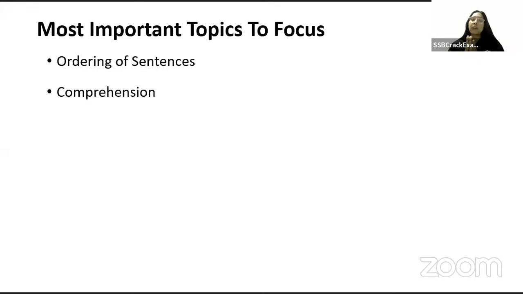One more thing, guys: ordering of sentences has been introduced in AFCAT lately, but ordering of words is not of that importance, because it has not come in AFCAT so far, okay? And we do not have that much time now, so you necessarily need to focus on the topics which have been there for a while.